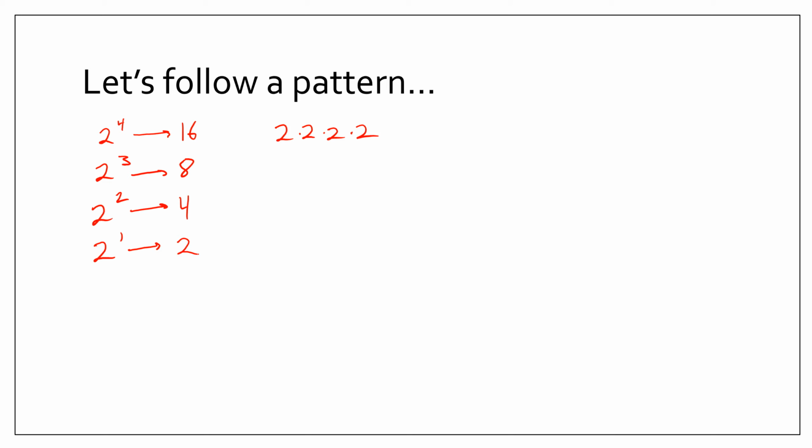Now let's take a look at a pattern here. As I decrease the exponent by 1 each time, what's happening with these numbers? What's the pattern? Really good mathematicians are those that can recognize patterns, and I'm recognizing this pattern of dividing by 2. So let's continue the pattern.